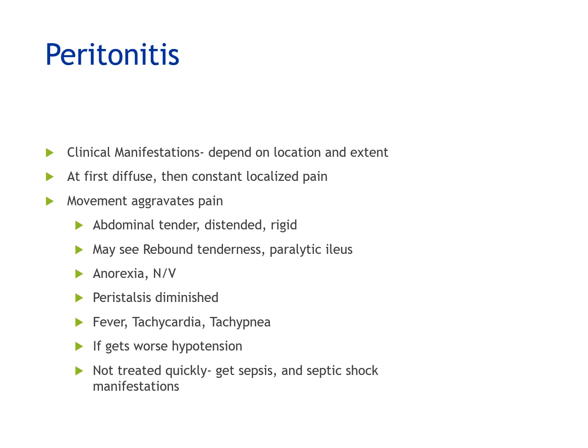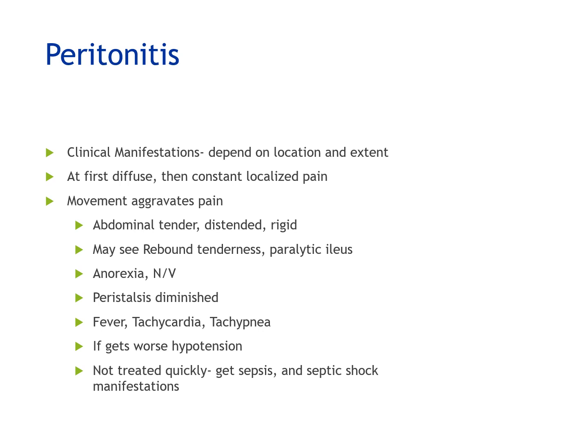When you're doing your assessment and looking at the abdomen, it's going to be tender, distended, and rigid. The patient may have what is known as rebound tenderness. This is when the patient complains of pain upon removal of pressure rather than application of pressure to the abdomen.